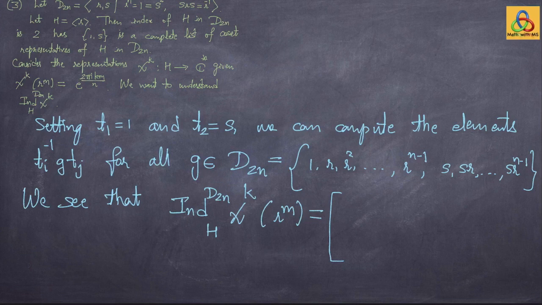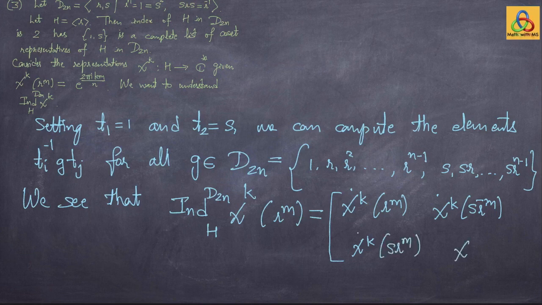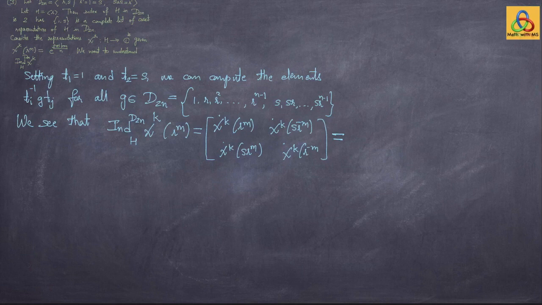You see that this is precisely chi k of R to the power m, chi k of S R to the power minus m, chi k of S R to the power m and chi k of R to the power minus m, which is the same as the matrix with entries e to the power 2 pi i k m by n, 0, 0, e to the power minus 2 pi i k m by n.